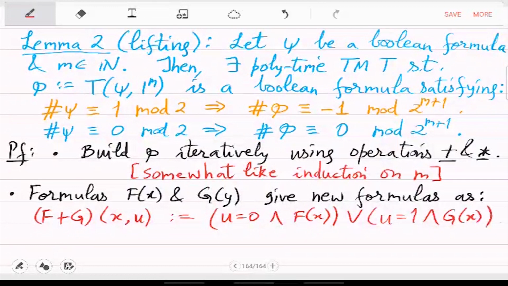Okay, so this intuitively adds the number of satisfying assignments of f and g. It basically branches off: u equal to 0 goes to f, u equal to 1 goes to g. So they get added. While in multiplication, here you keep the variables separate because you want the product.